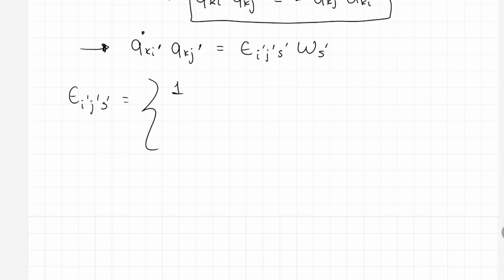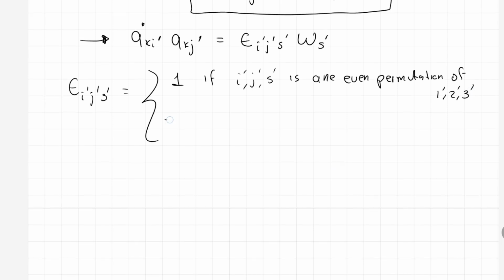This is going to be equal to 1 if the indices represent an even permutation of 1, 2, and 3. It will be equal to -1 if, again, these indices are an odd permutation of 1, 2, and 3, and 0 otherwise.